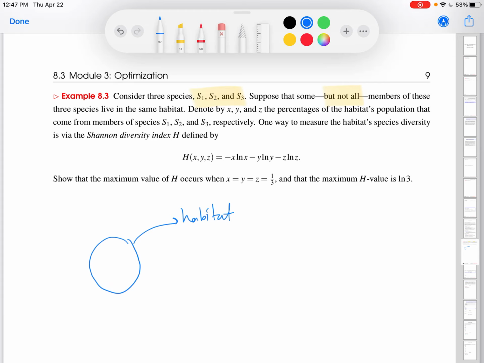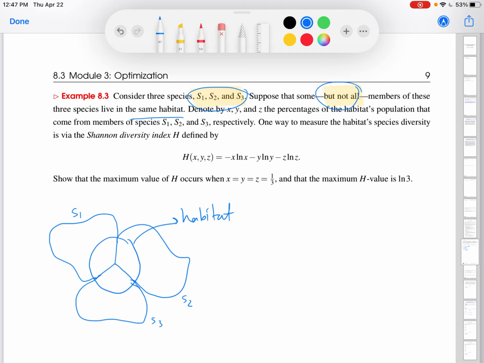It's telling me that there are 3 species, some of which, but not all of them, live in the same habitat. So I'm going to draw a blob over here. There are 3 species, so let me assume, for nice pictorial reasons, that this blob is the first species, this blob is the second species, and this blob is the third species.